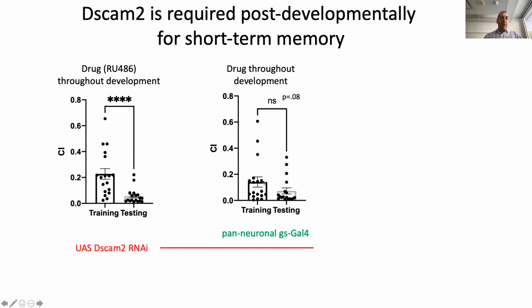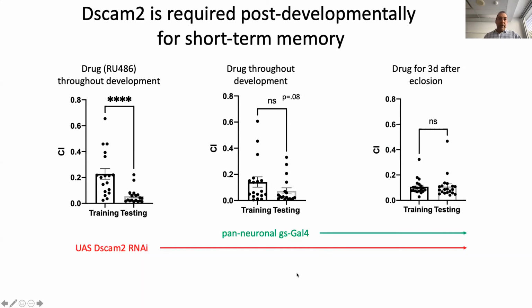So we're still trying to figure out why that is, why there is this trend towards learning. And when he fed the drug to flies for 3 days after they had closed from their pupal cases, he found that there was, again, a short-term memory defect. So this suggested that it was a post-developmental requirement for DSCAM2, which is really exciting. So we have lots to work on now.